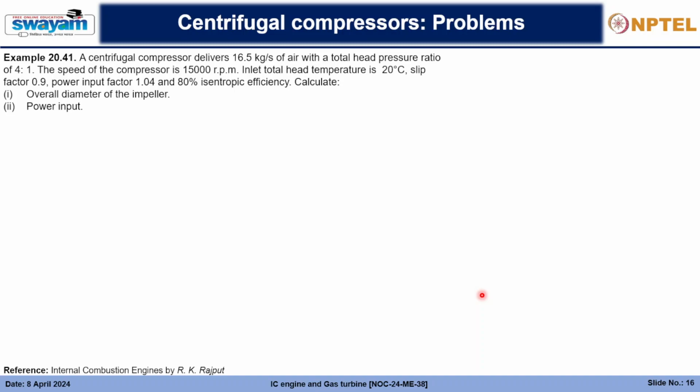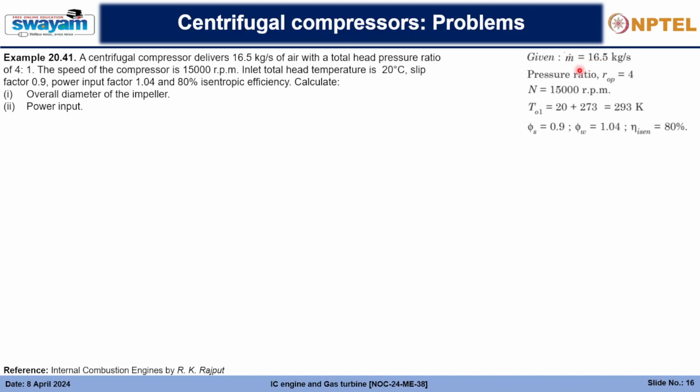Okay, then let us try to solve this question. So we are given these values: the mass flow 16.5, pressure ratio 4, the speed 15,000 rpm, T01 293 Kelvin, slip factor 0.9, then phi W is 1.04, and isentropic efficiency is 80%.